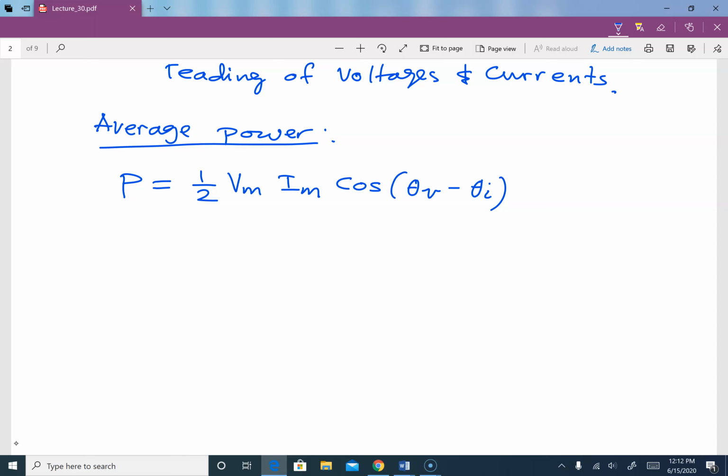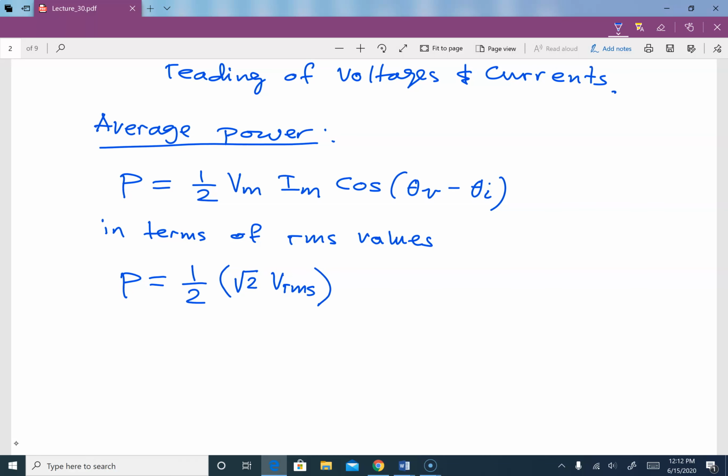And now, in terms of RMS values, we will just substitute Vm, that is radical of 2 V RMS, and Im, that is radical of 2 I RMS, cosine of theta V minus theta I.